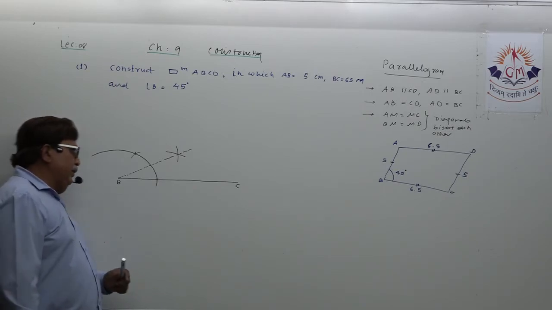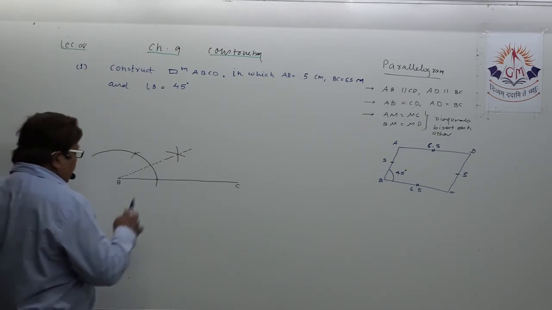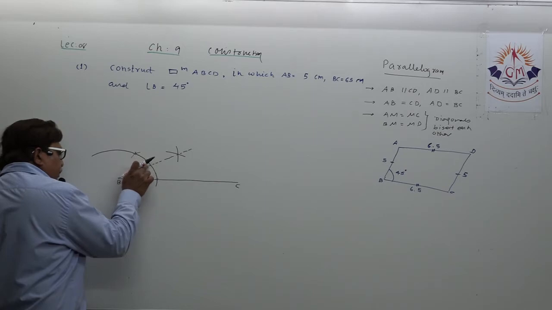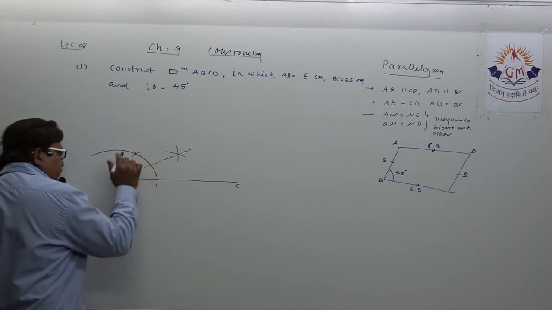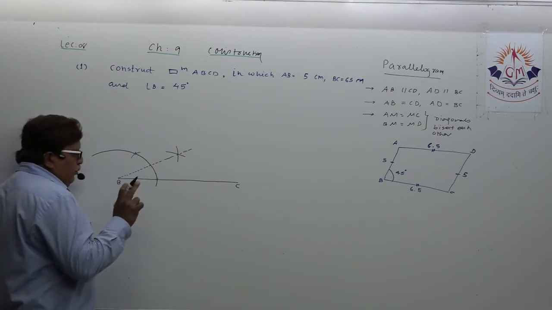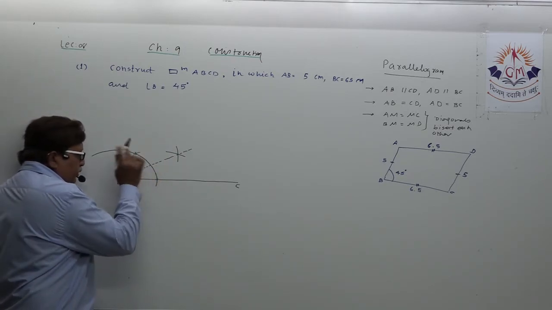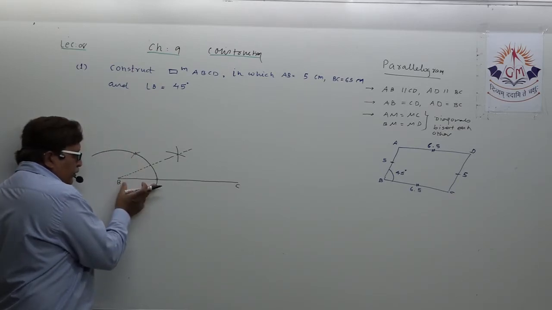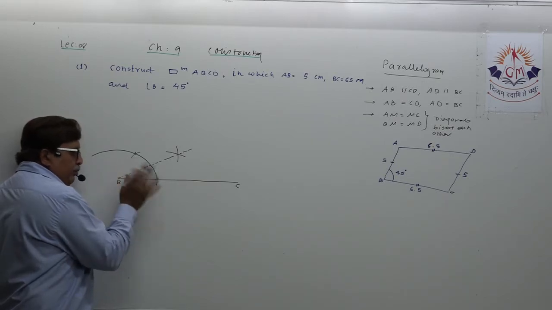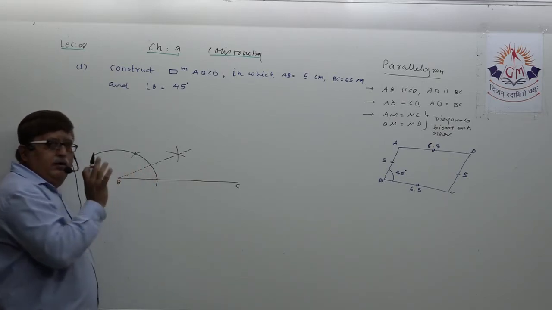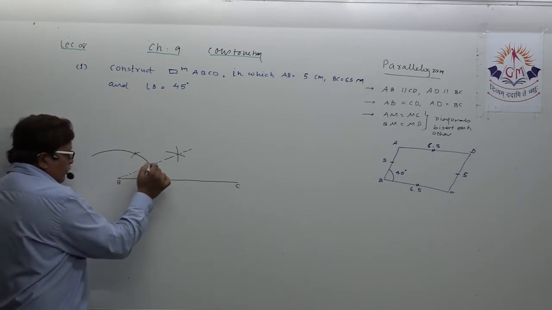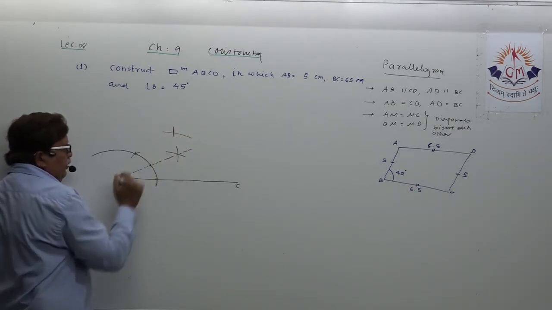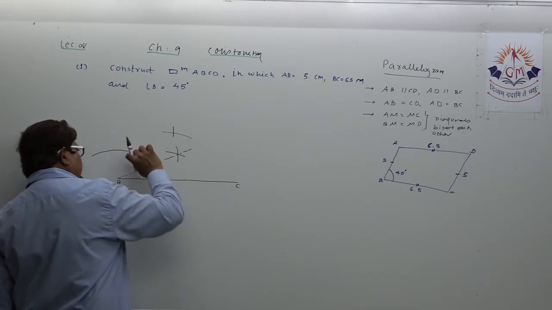Now try to understand. Because your target is angle 45, and 45 lies between 30 and 60, you have to bisect between 30 and 60. Never change radius when you construct an angle. Once you have taken this radius, continuously maintain the same radius throughout the construction of the angle. So one arc from here, one arc from here. So you understood, no?